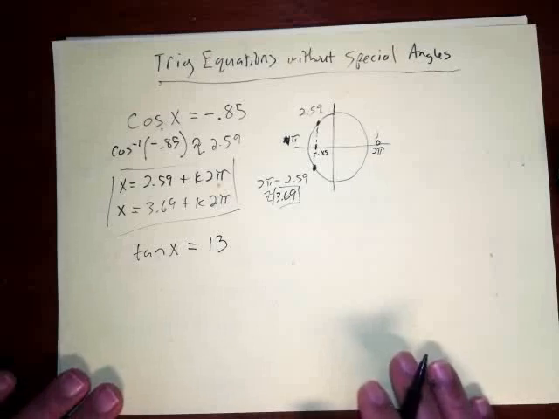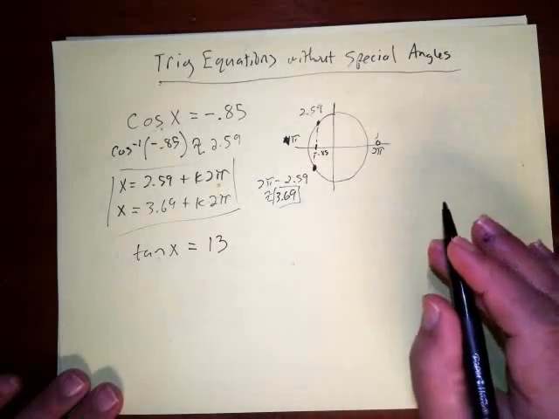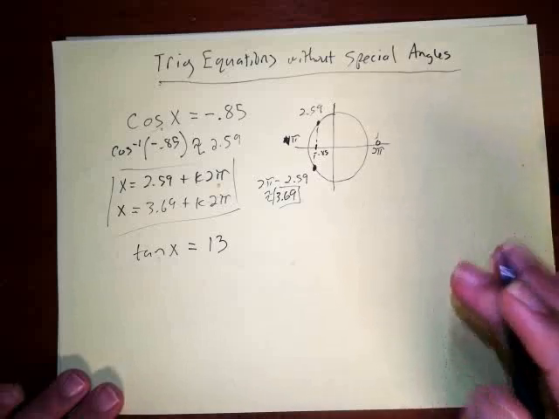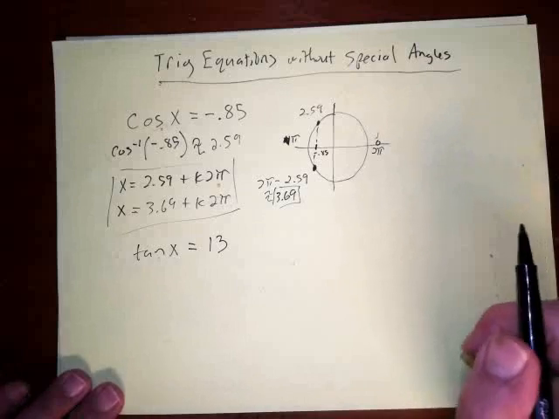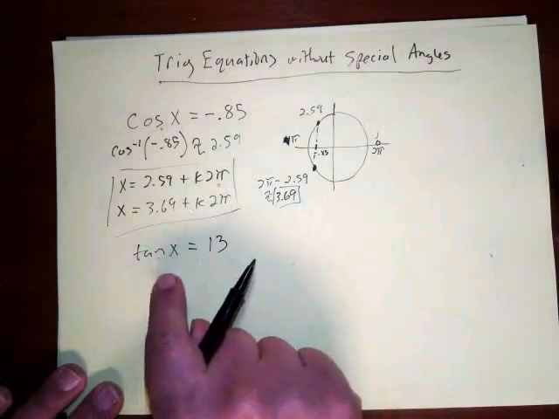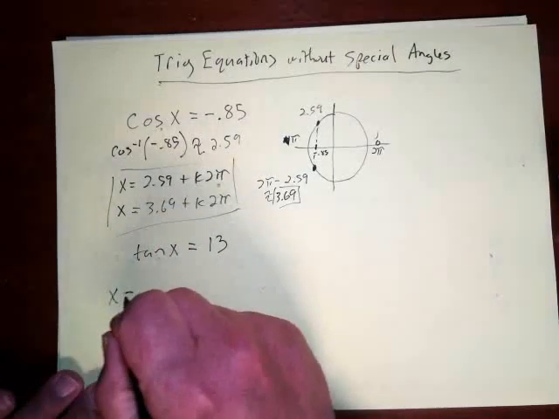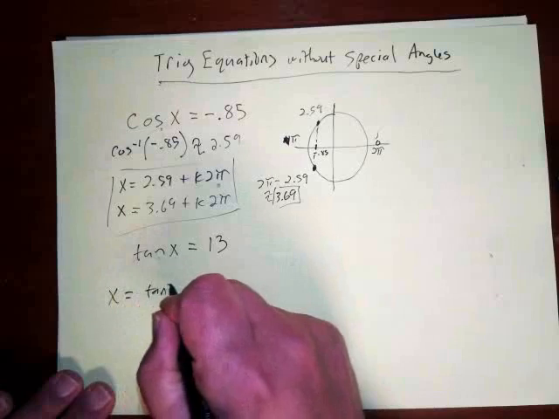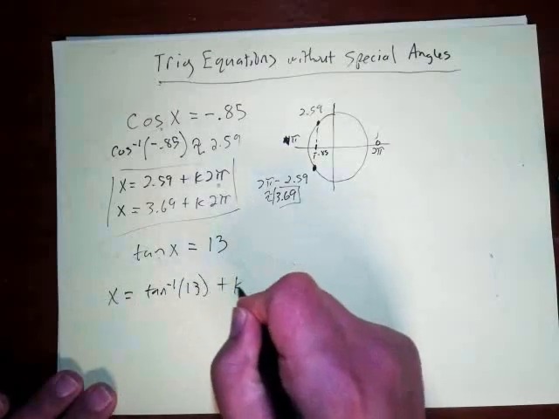Maybe what I should do is I should do a sine one as well. I'll do that in a moment. I didn't think about that, but I'll do that in a moment, and I'll show you why I'm going to do that. But let me show you that the tangents are easy. The solution is basically tangent inverse of whatever it is plus k times pi.